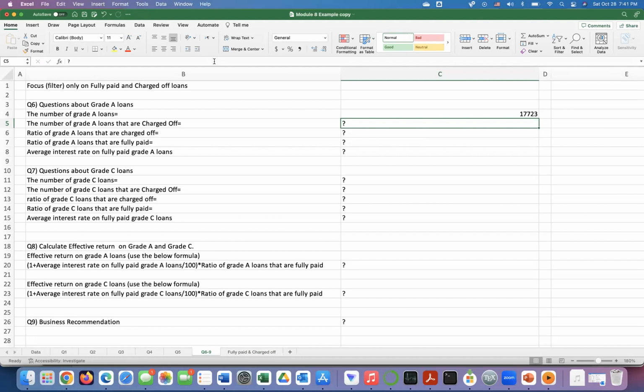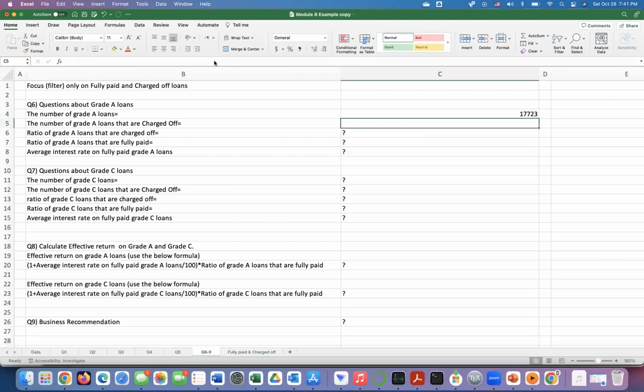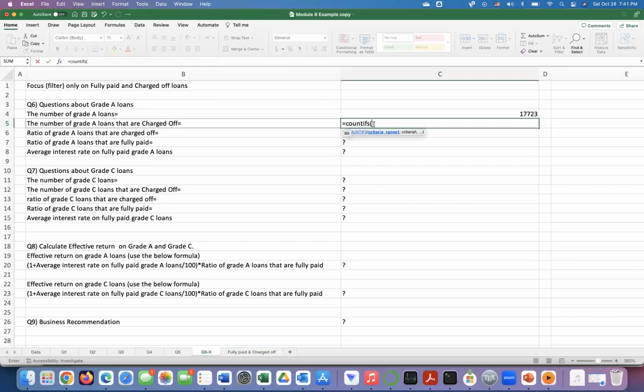Yes. Now, next one is the number of grade A loans that are charged off. So again, it's a count function. And then how do we do that? I can say equals COUNTIFS.